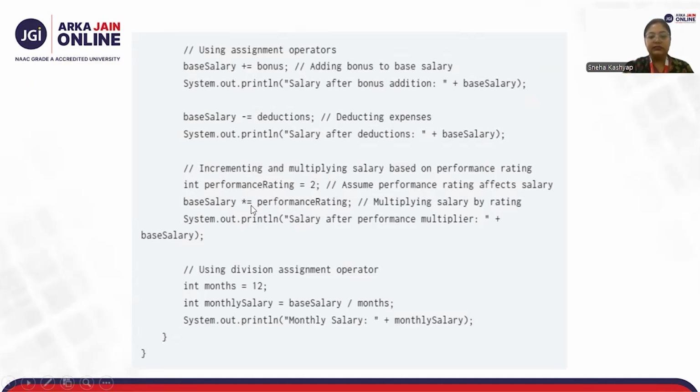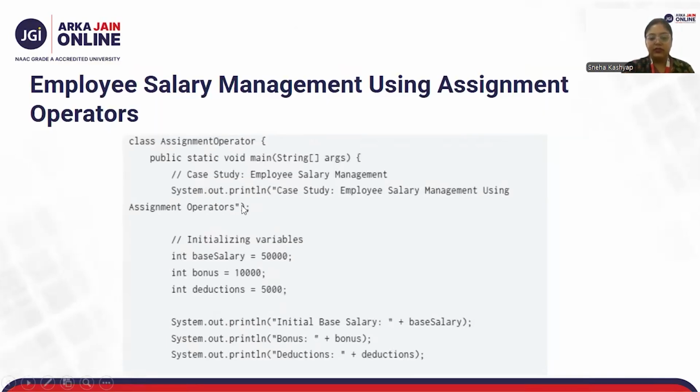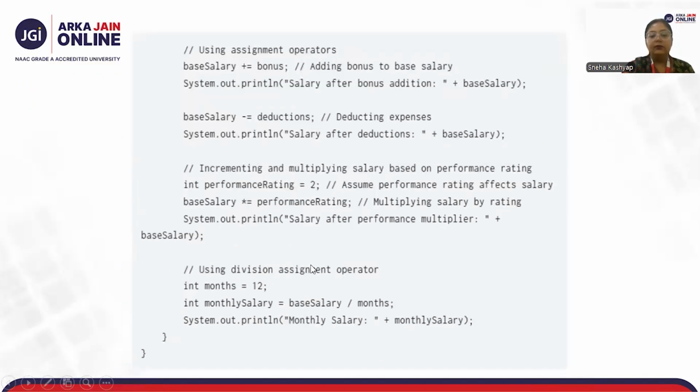Since the base salary is 50,000 and the performance rating is 2, I can just multiply. So it will be base salary is equal to base salary into performance rating, that is 50,000 into 2. So I'll get around 1 lakh. So system.out.println salary after performance multiplier is 1 lakh.